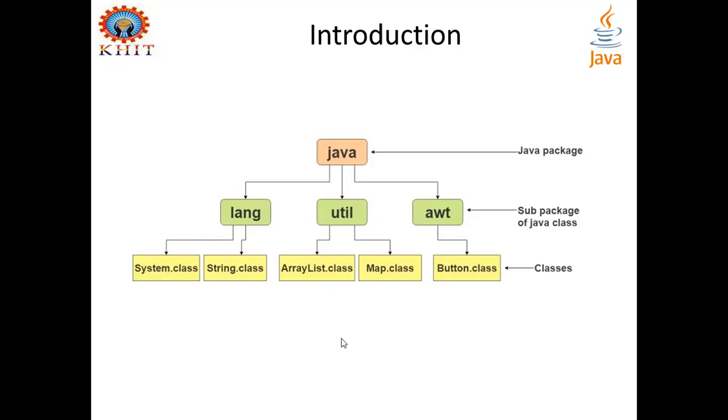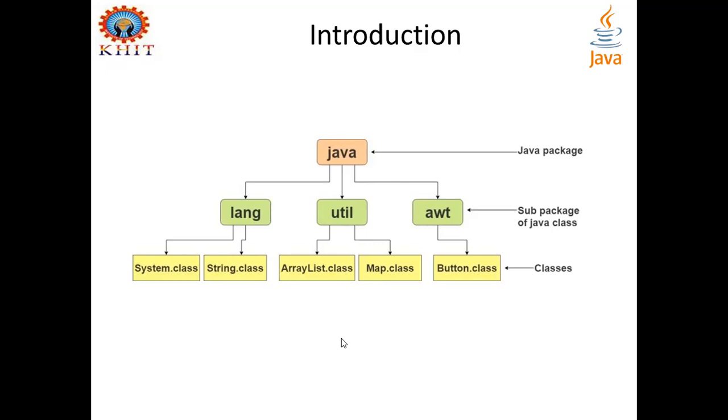So this is the source for all the packages and sub-packages available in Java. One of the important ones is lang, which supports classes, interfaces and everything, then the util package, and the AWT package.